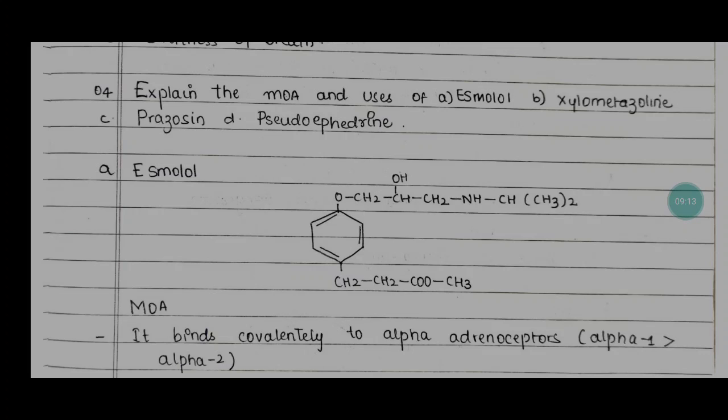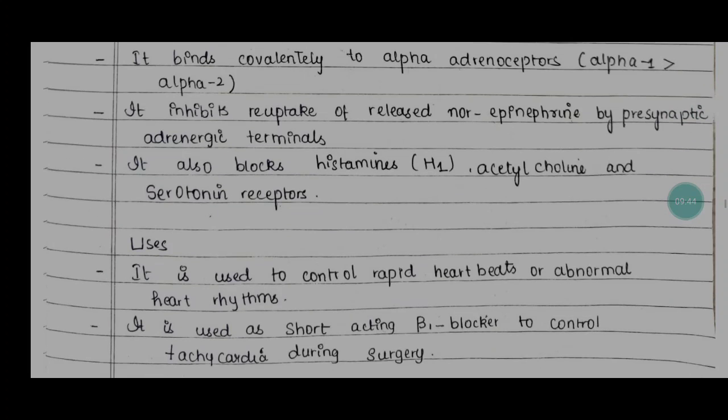So question number 4: explain the mechanism of action and uses of esmolol, xylometazoline, prazosin, and pseudoephedrine, where the structure for the first drug and the mechanism of action are: it binds covalently to the alpha adrenoreceptors, that is alpha 1 greater than alpha 2.